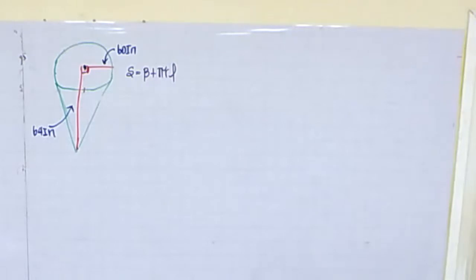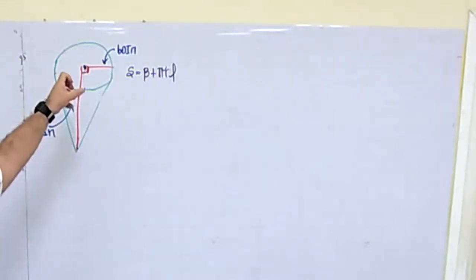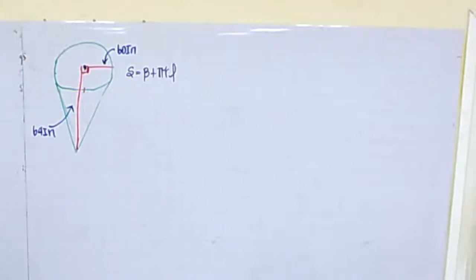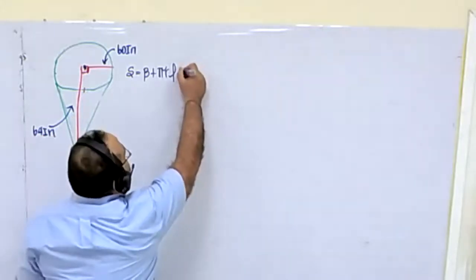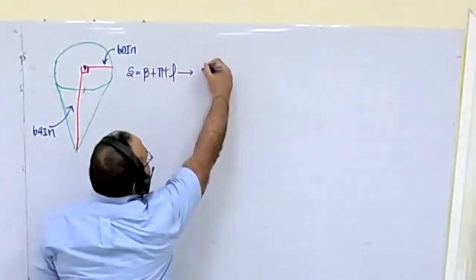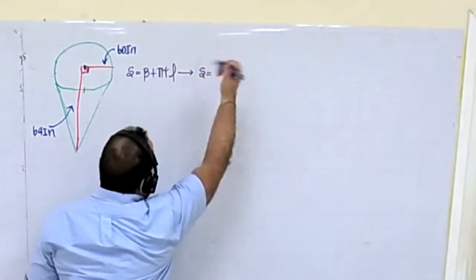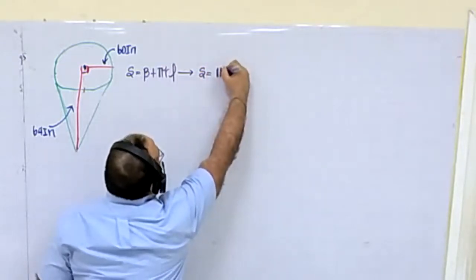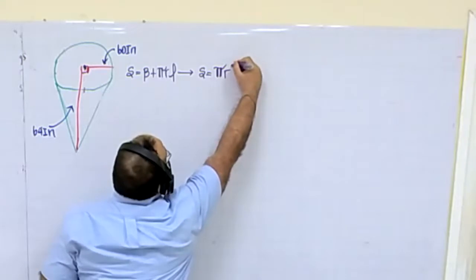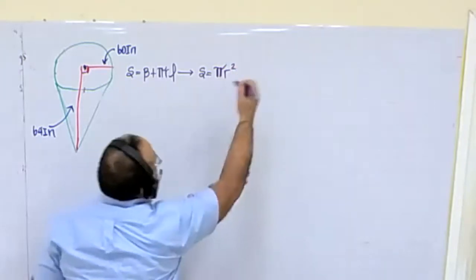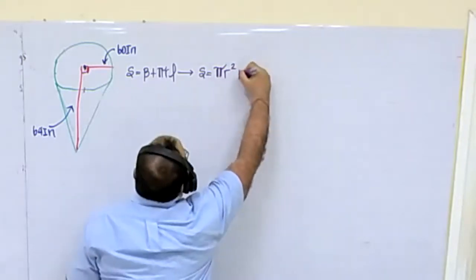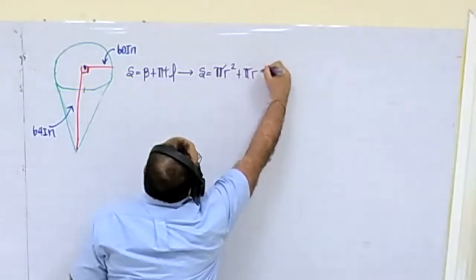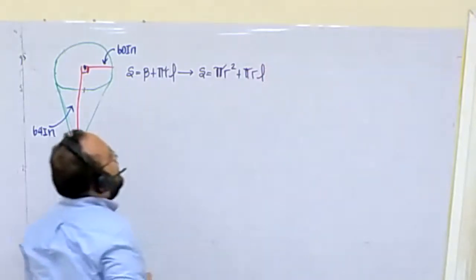For obvious reasons, in the cone the area of the base is the area of the circle. For that reason, we can restructure this formula. Instead of writing beta, we can write the area of the circle, pi r squared, plus pi RL, okay?